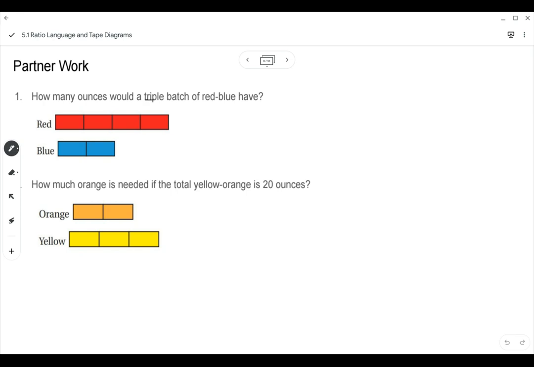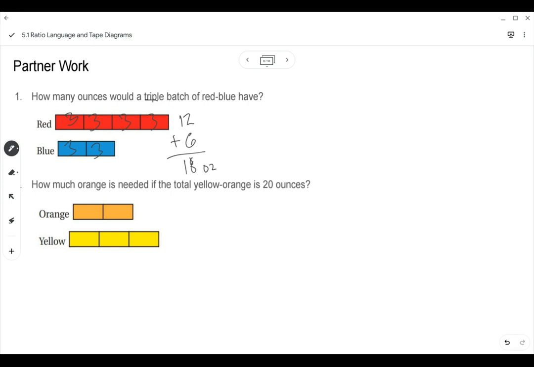So a triple batch means we have 3 of the recipe. So instead of having 4 reds, we now have 3, 6, 9, 12 red ounces and 3, 6 blue for a total of 18 ounces of that red blue paint.